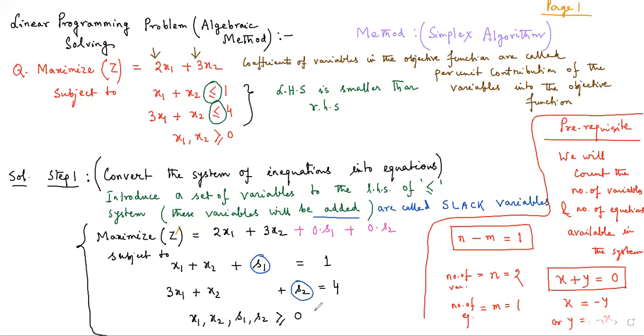Our process is a somewhat absurd kind of thing. We want to find the values of x1 and x2, the original variables, but in the initial stage we are not going to consider them. We are going to put x1 equal to 0 and x2 equal to 0 and consider them as non-basic.